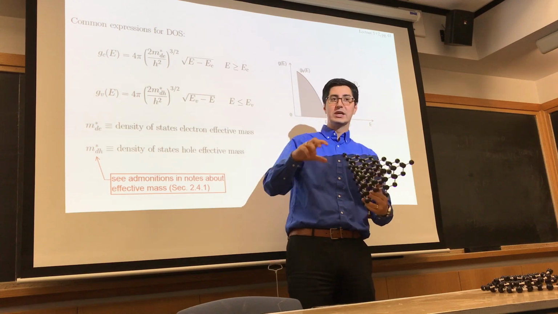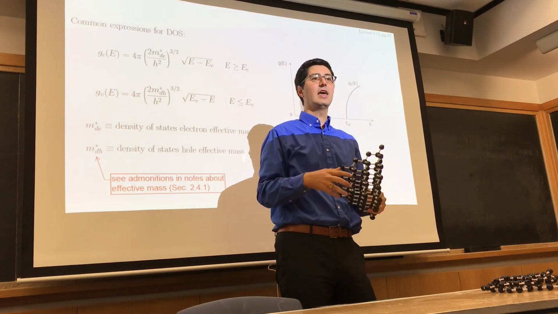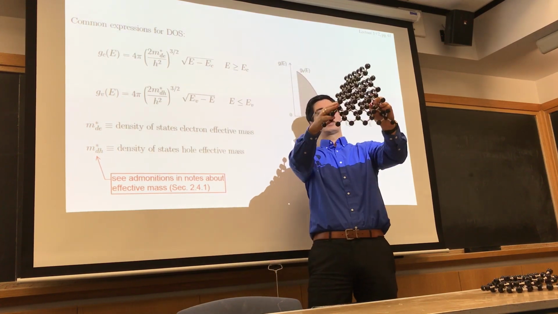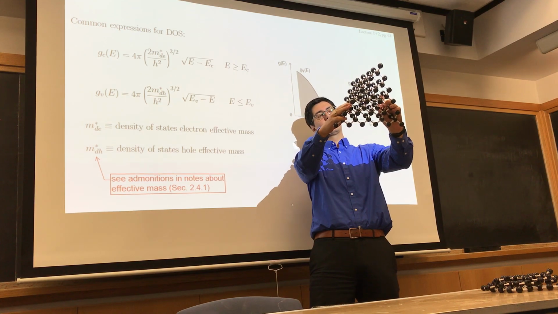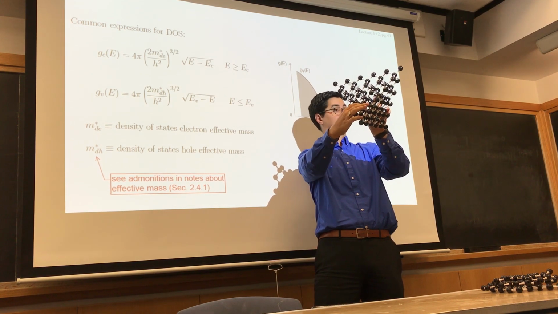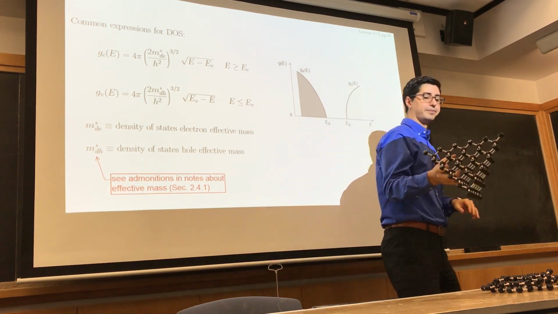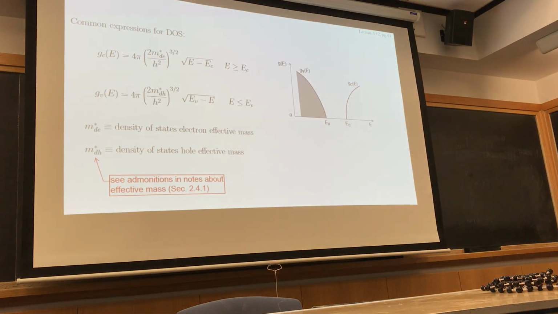But we can change some of these masses to take into account that electrons may flow faster along one direction of the crystal than along a different one. Okay? And so I'll pass that around.